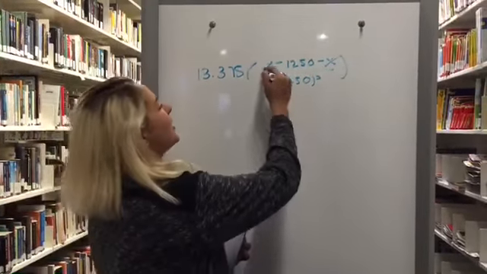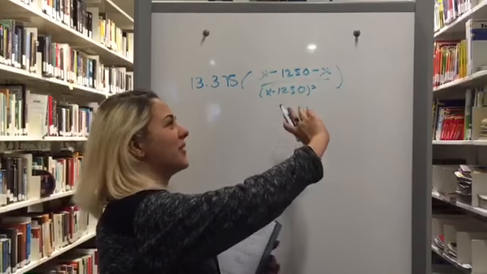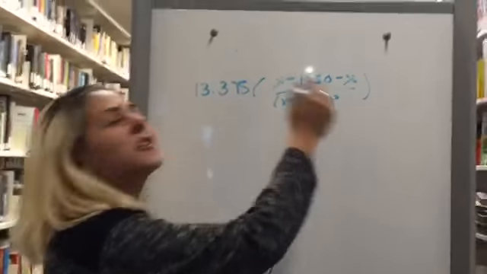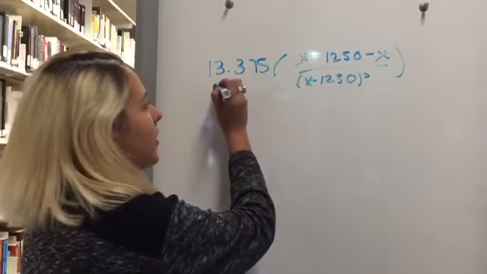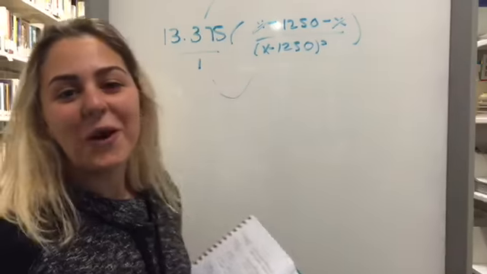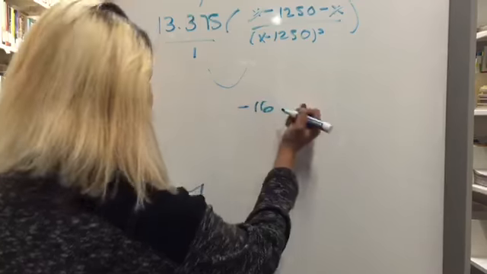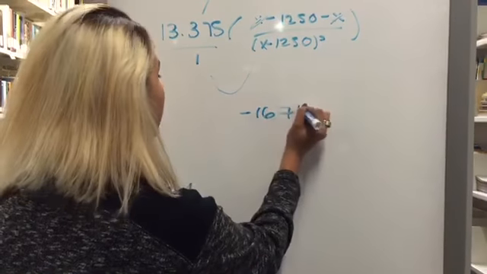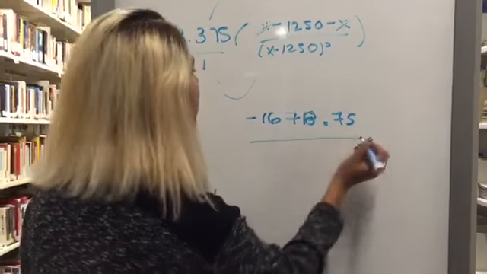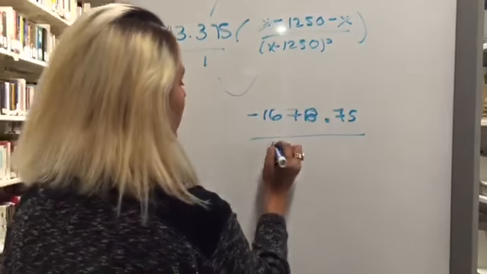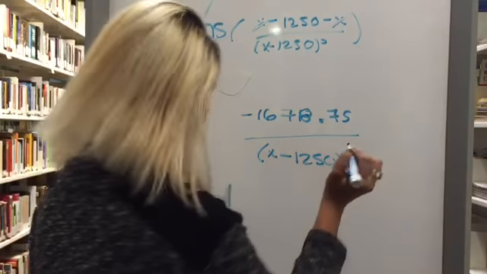So then you need to cancel your x, and you have a negative 1,250 minus our v squared. So we need to have in mind that this number is going to be over 1. When we do our FOIL method, we have negative 16,718.75 over, and 1 times this is the same, so we have x minus 1,250 squared.